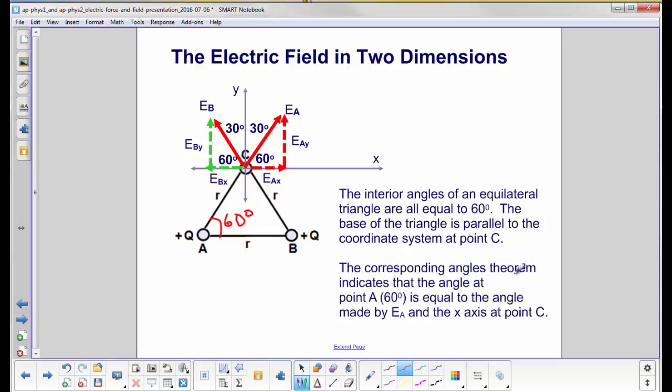Now the corresponding angles theorem, and we're going to use that, we'll extend this line here so that this line is parallel to the x-axis. This angle is a corresponding angle to this angle. So the theorem indicates that this angle has to equal here, so this is a 60-degree angle.